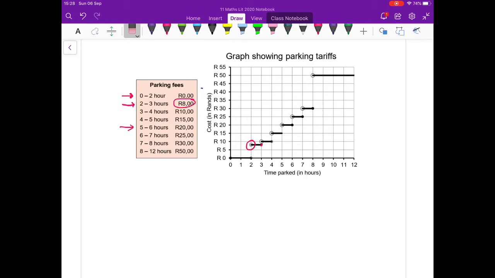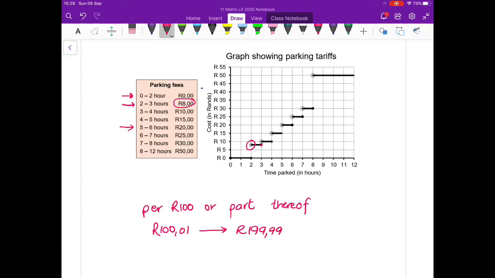In finance, you were charged a certain fee per 100 Rand or part thereof. Which meant that if you had 100 Rand and 1 cent right up to and including 199.99 Rand, you would pay the fee.